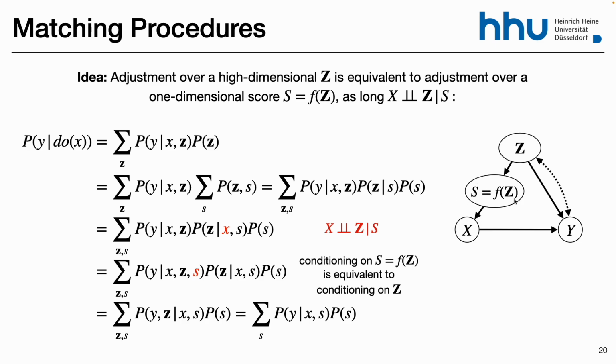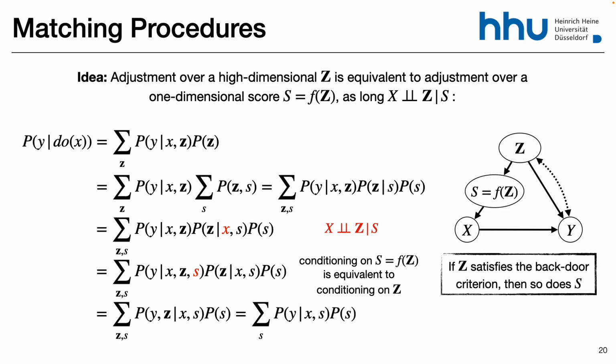It's really important that this S captures all the information so that this independence also holds. So this is the independence of Y and S given X and Z.